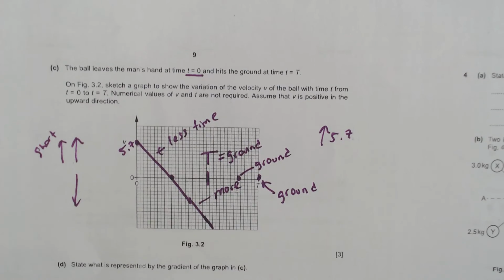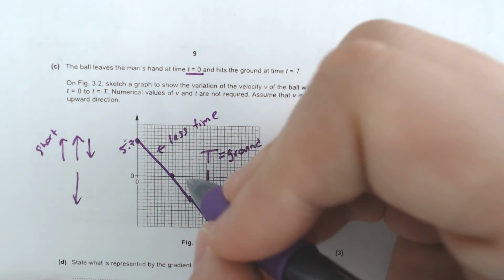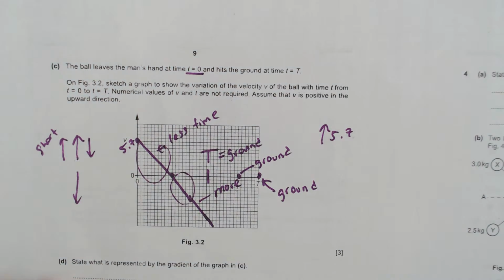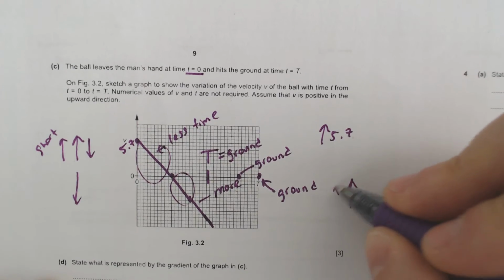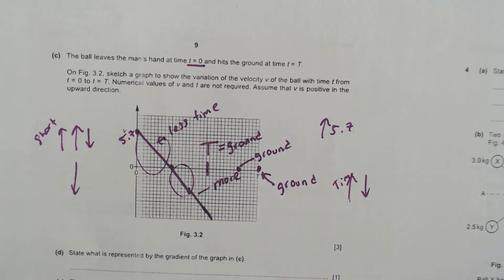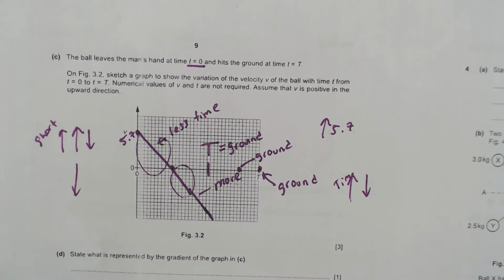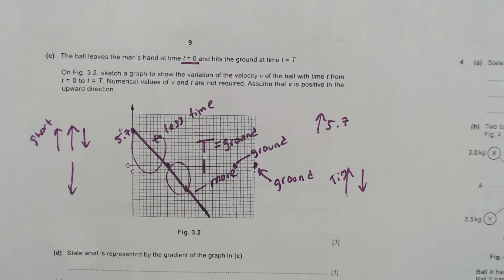So it would spend more time falling than going up. Not only that, but when it went up, it also had to go back down. This time would be the same as that time, how long it took to get up to the max height. That time it took to get to the max height would be the same time it takes to get back to his hands. And then it has to fall further. But no matter what, the slope should be consistent because the slope is going to be gravity, negative 9.81.